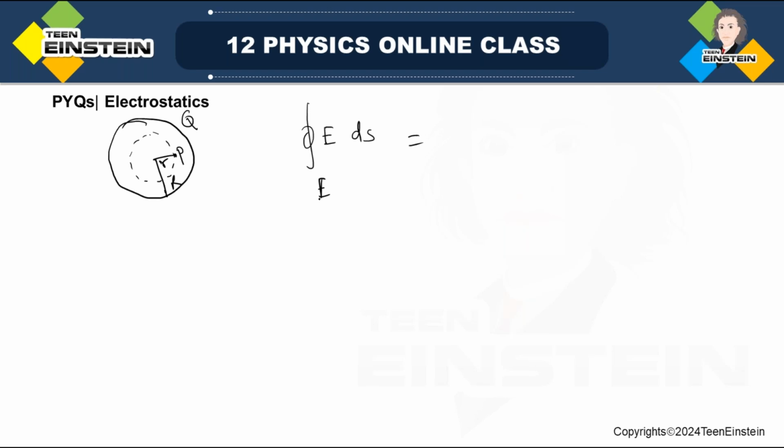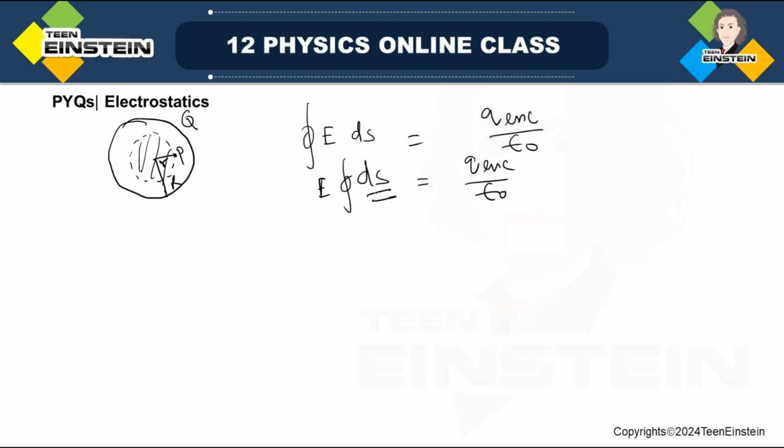The electric field is constant throughout the surface of this Gaussian surface, and so this is ds, and on this side is the charge enclosed by that spherical Gaussian surface divided by epsilon naught. So q enclosed by epsilon naught.